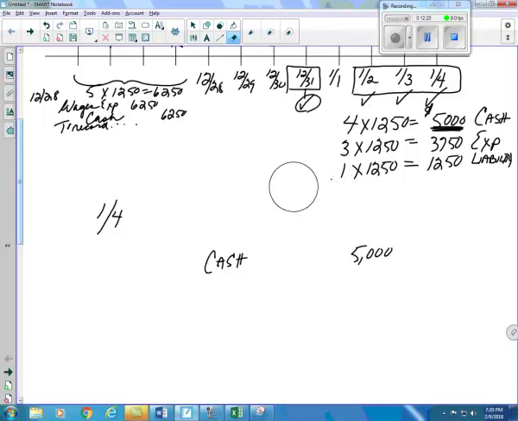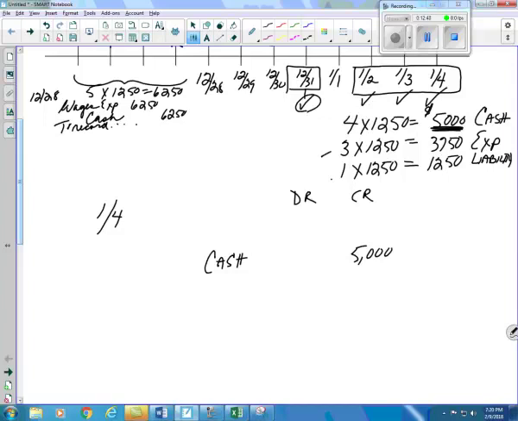Our debits are going to be here, and our credits are going to be here. So we're crediting cash for $5,000, making cash go down. Why? Because we are paying the employees for the 4 days that they worked this week.